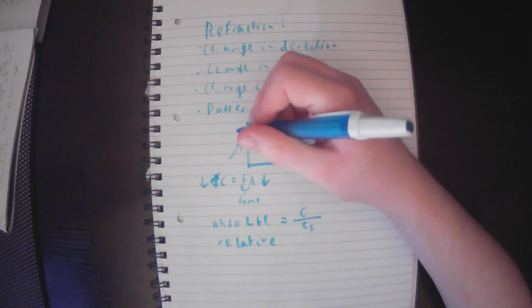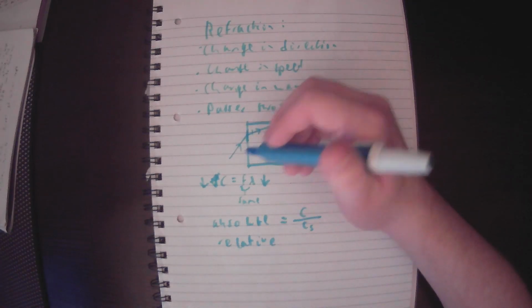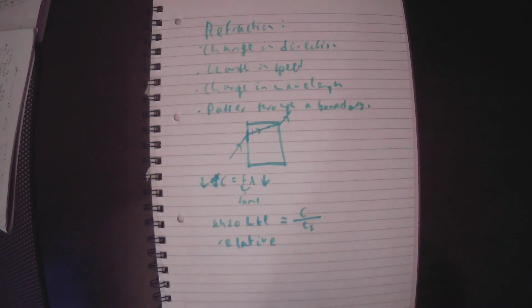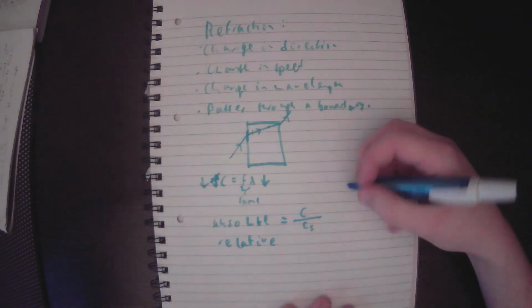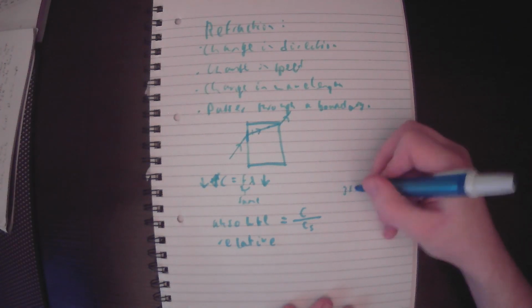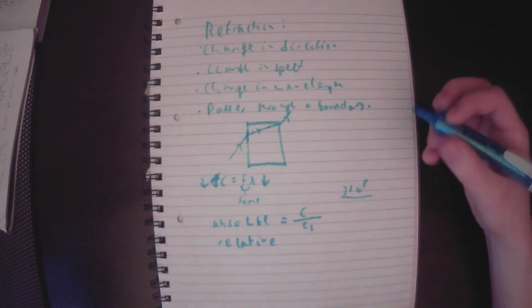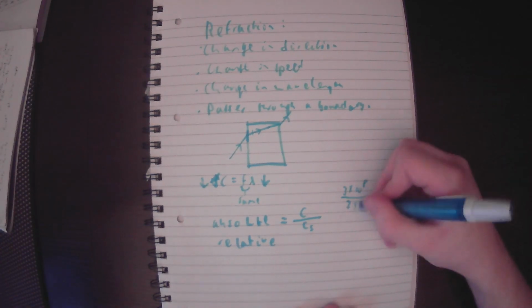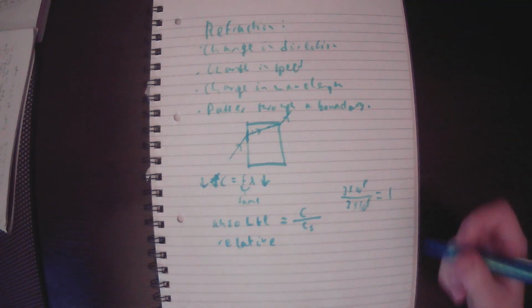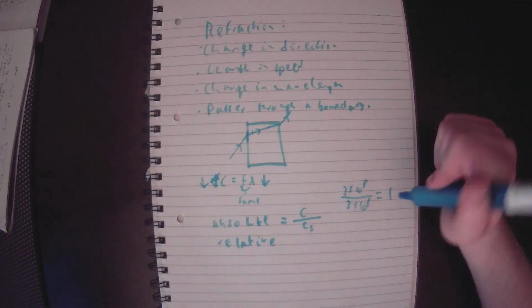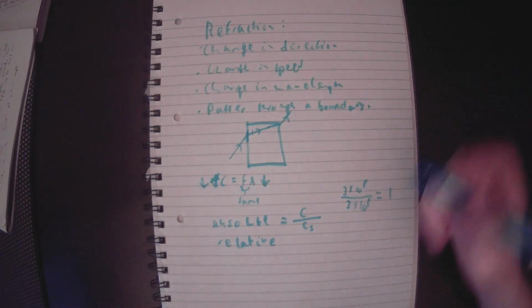If this glass block is in air, air has a very close refractive index to a vacuum, so we assume the refractive index to be 1, because 3 times 10 to the 8 over roughly the same speed, 3 times 10 to the 8, equals 1. Therefore, the absolute refractive index of air is about 1.